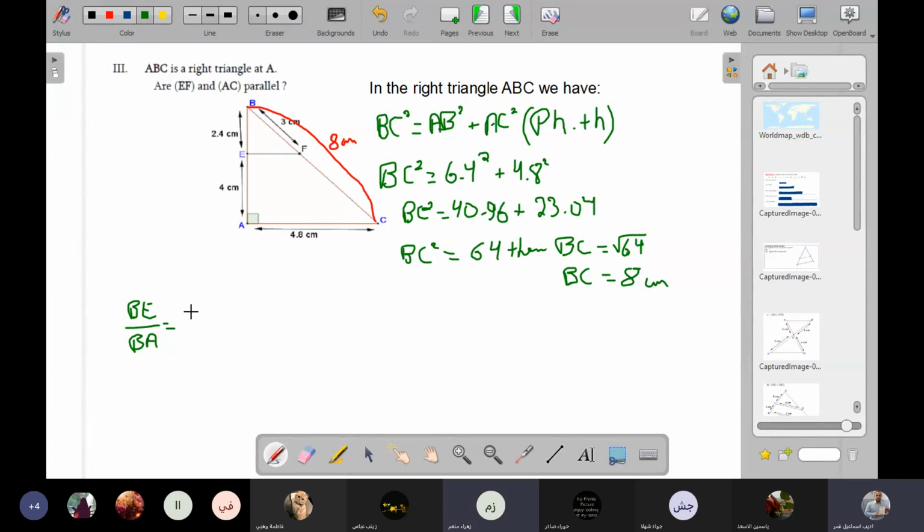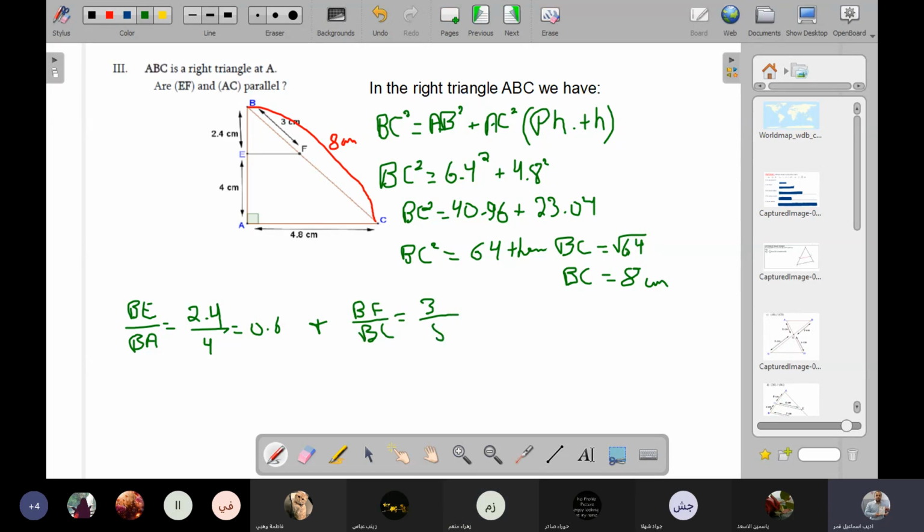Put the values. Equal to 2.4 centimeters over 4 centimeters, which equals 0.6. And the other ratio, Zahra, BF over BC. BF is 3 over 8.